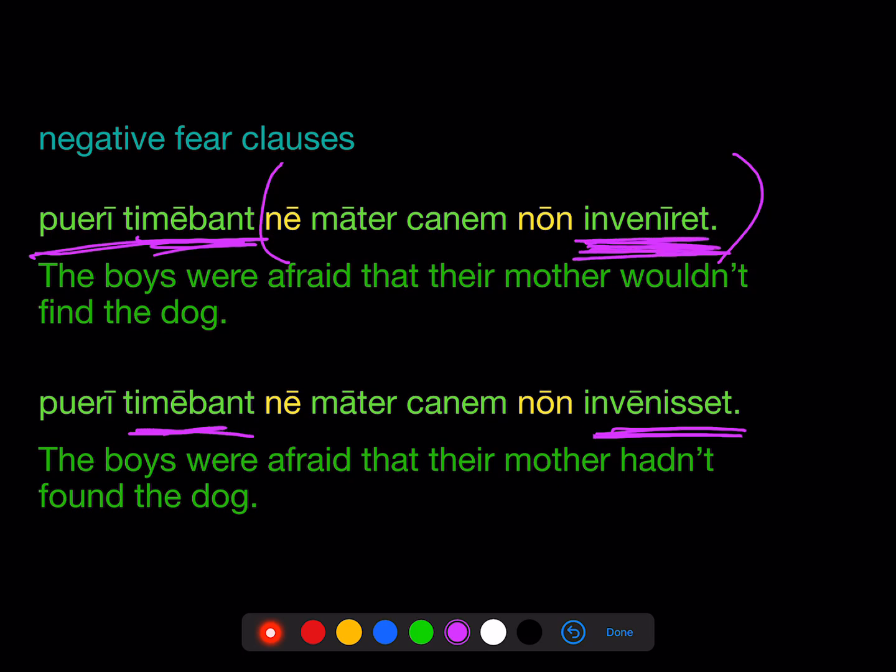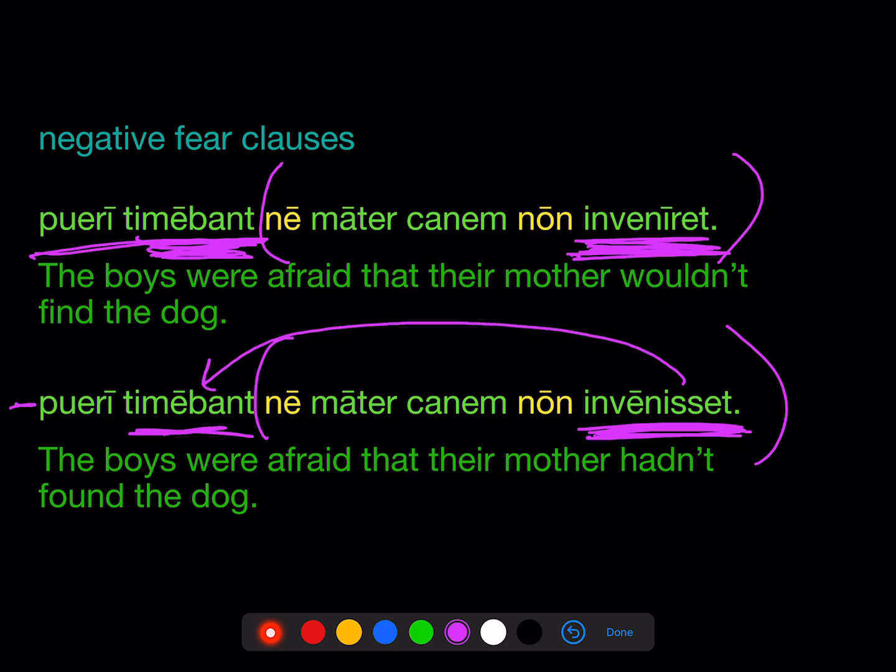This action, because it's an imperfect subjunctive, has to be happening same time as or future to that verb that introduces the fear clause. Now this one, pueri timebant ne mater canem non invenisset. The boys were afraid that their mother hadn't found the dog. This action, invenisset, is in the pluperfect subjunctive, so it must be happening before that main verb.